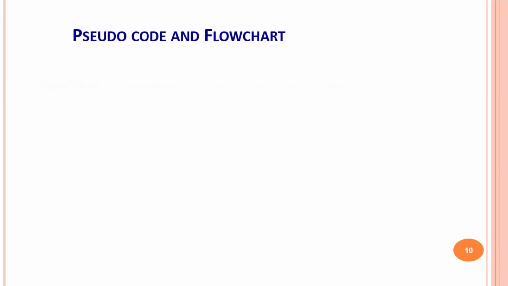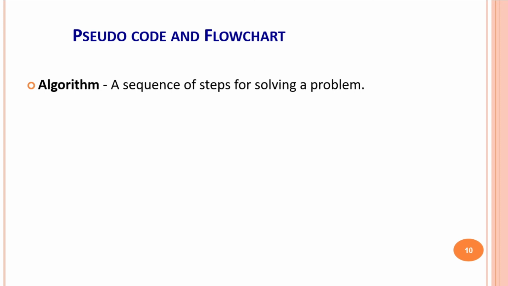Now pseudocode and flowchart. Algorithm is a sequence of steps for solving a problem. It is a recipe. How do you write a procedure for preparing tea?